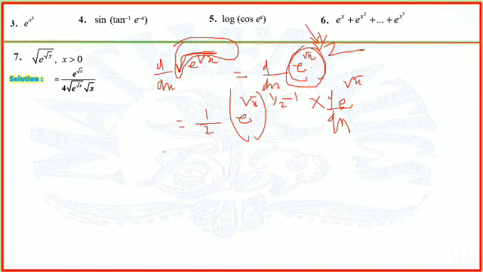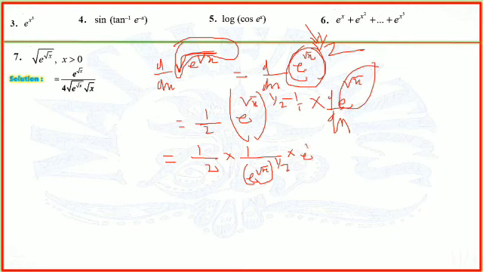So 1 by 2 into the power; taking the LCM, 1 minus 2 by 2 becomes minus 1 by 2. So this goes to the denominator, e^(root x) whole power 1 by 2, into the derivative of e^(root x), which is as it is e^(root x), and then the derivative of the power, d over dx of x power 1 by 2.